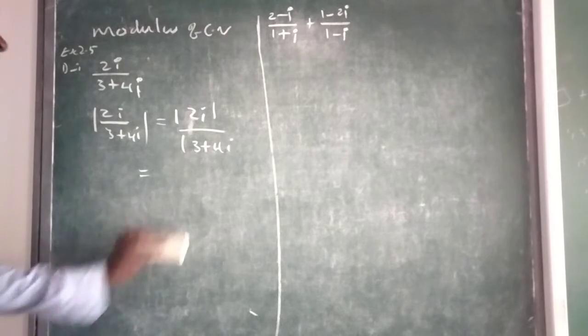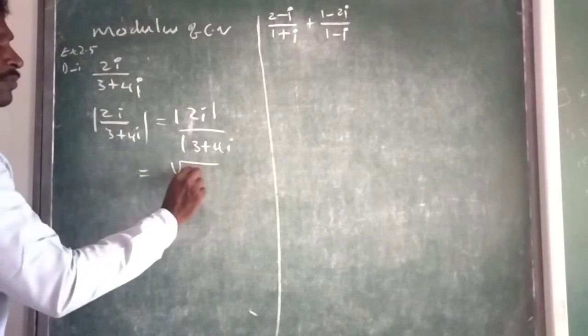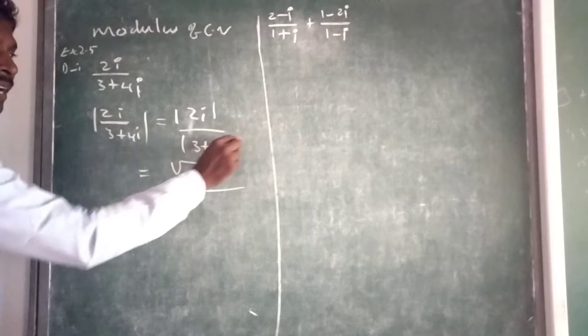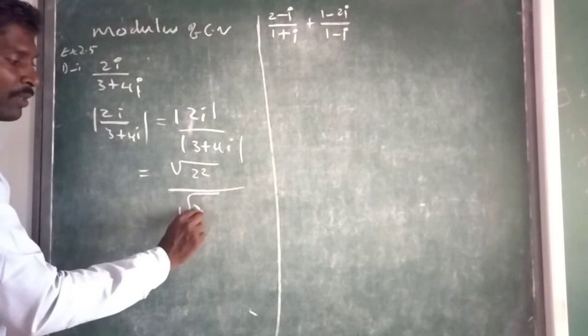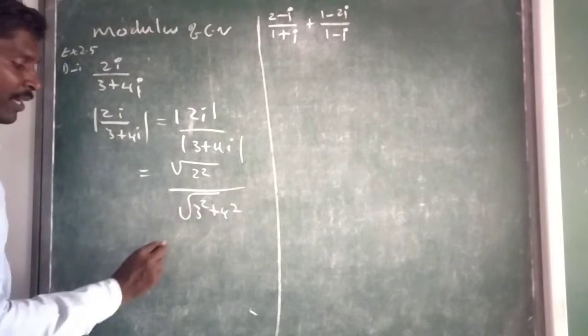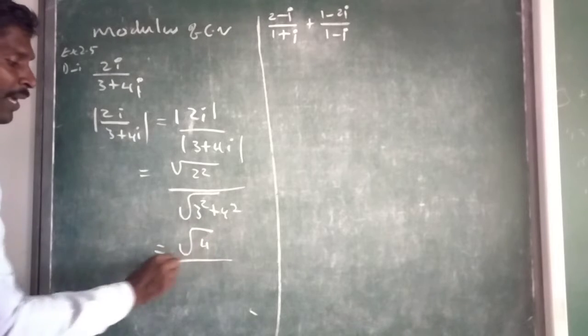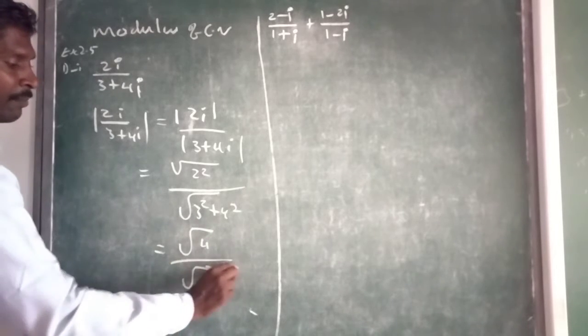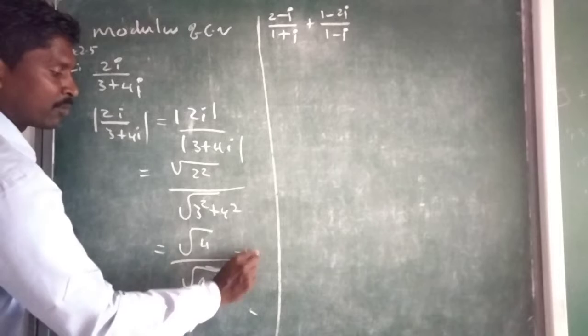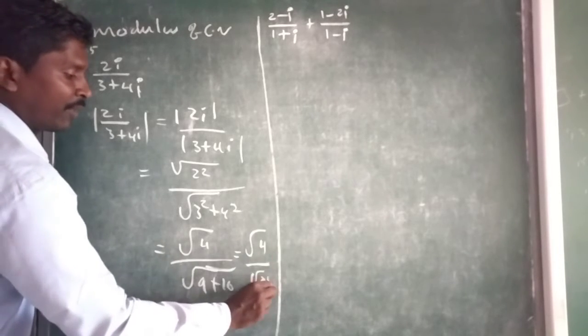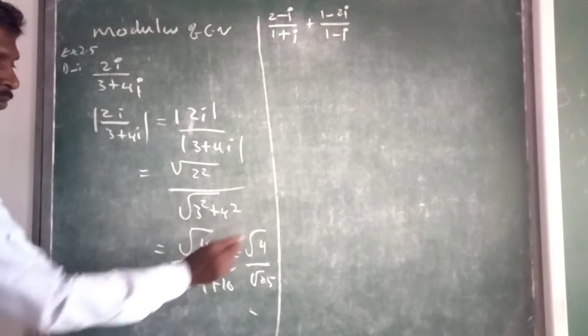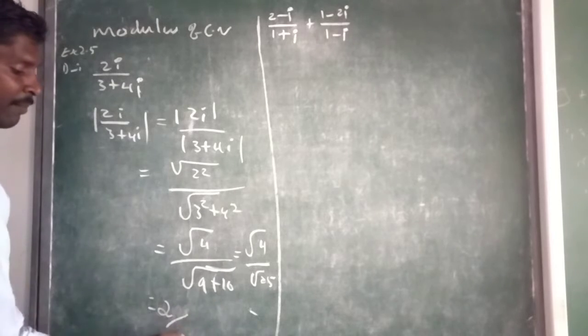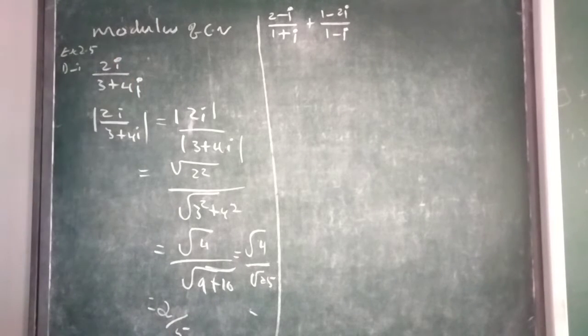Like that we have only the imaginary part, so square root of 2 squared. But in the denominator we have real and imaginary parts, so square root of 3 squared plus 4 squared. So square root of 4 by square root of 9 plus 16, then it becomes square root of 4 by square root of 25. The square root of 4 becomes 2, 25 becomes 5. So the modulus of 2i by 3 plus 4i becomes 2 by 5.